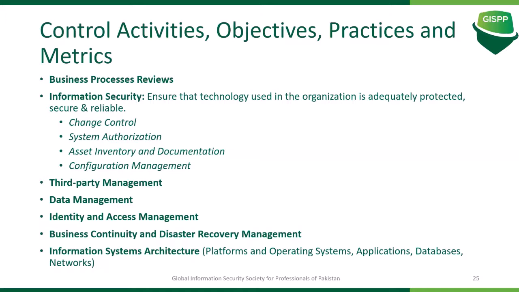Or, do we have a proper backup? Do we have a disaster recovery site in case some disaster happens? So we start looking into our business continuity plan and our disaster recovery plan. These normally come under information security architecture, like operating system, application, and databases.